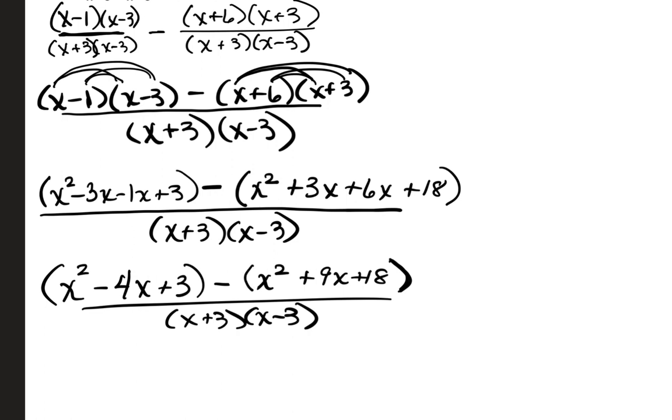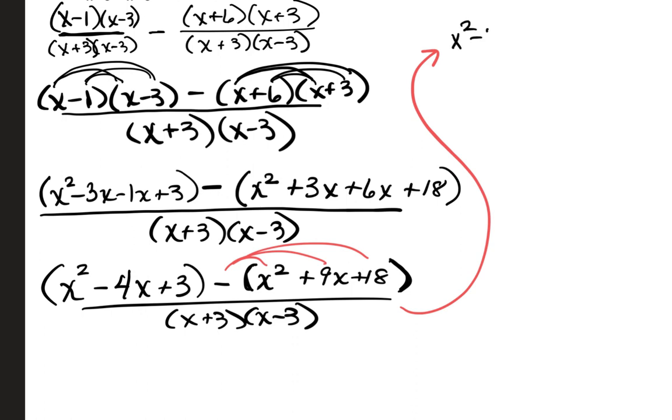Since you are subtracting the whole thing, you have to distribute that negative through. Very, very important. Okay, so let's do that. Oops, I'm going to do it up here. I don't have a whole lot of room, so I'll try to be neat. x squared, 3.